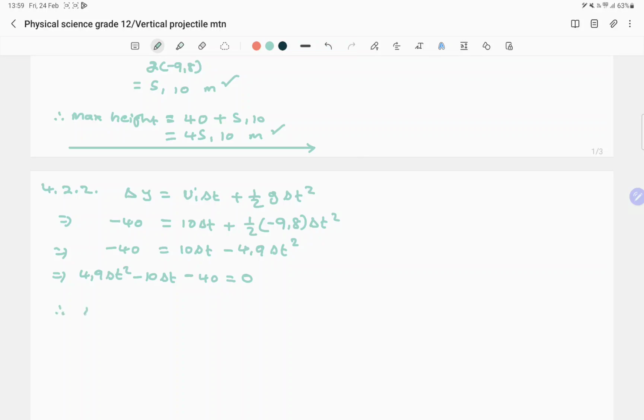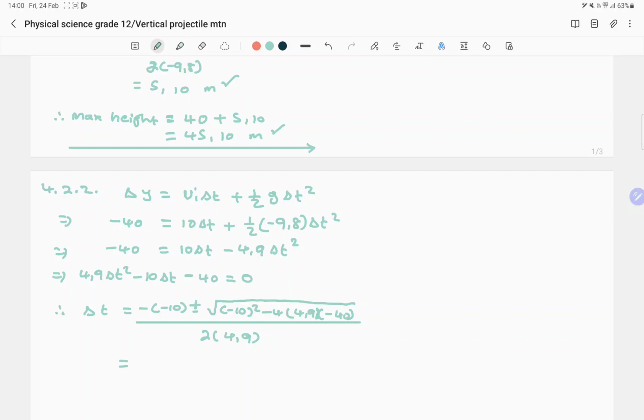Then once our quadratic is in standard form, we can make a conclusion and say, therefore, delta t is equal to, now we know this is the quadratic formula, so it's going to be minus into minus 10, plus or minus the square root of minus 10 squared minus 4 into 4,9 into minus 40, and then all of that over 2 into 4,9.